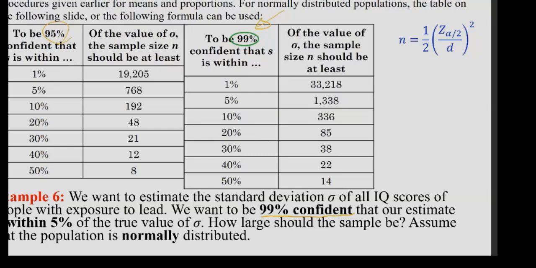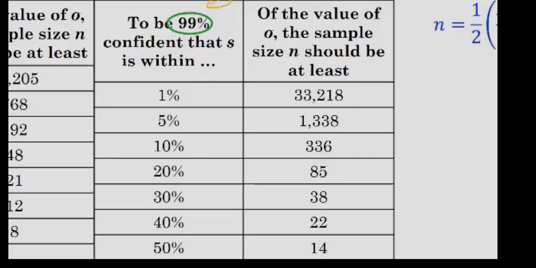The next one says within 5%. Now, look at the table, come on down and look at 5%. All you have to do, look at those two values. And what is the answer in front of it? That's the sample size you need.